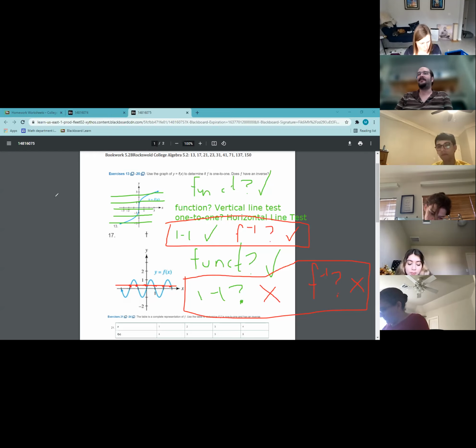Other books might do something different. In this case, the 13 is 1-to-1, 17 is not 1-to-1, and it does not have an inverse.